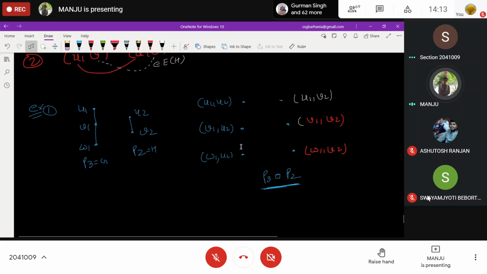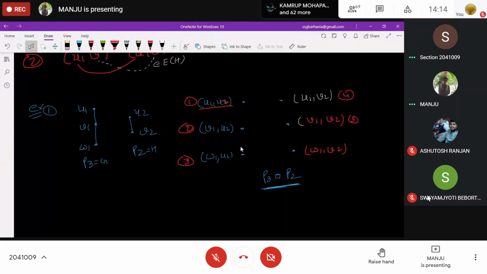Now pick the first vertex. Now check the adjacency of this vertex with all other vertices. Suppose this is our first vertex, second one, third one, fourth one, fifth one, sixth one. Now tell me, are the first vertex and second vertex adjacent or not? No, sir.